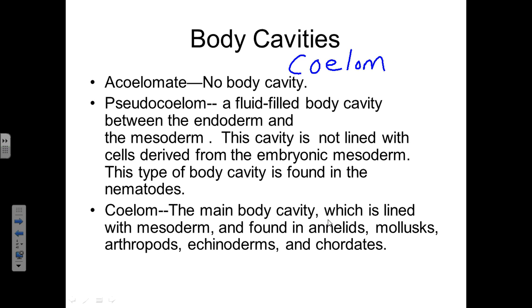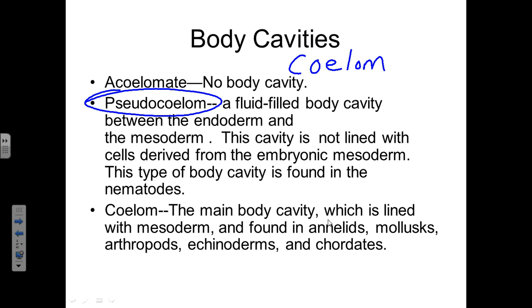Then there is one group of animals, one phylum, that has this thing called a pseudocoelom, which literally means what? False or fake. It's not really a fake body cavity, it's a body cavity, but it's made differently than the body cavities in all the other animals.